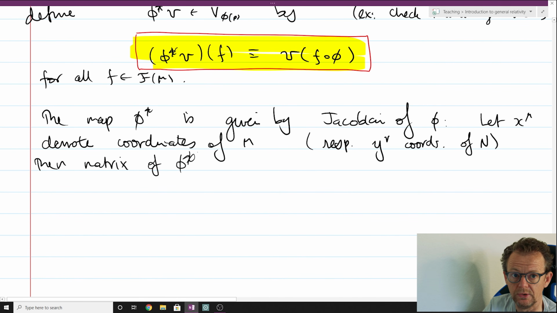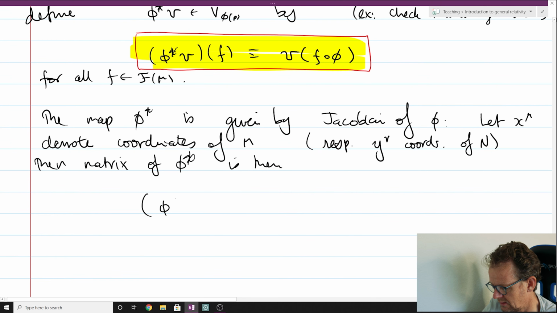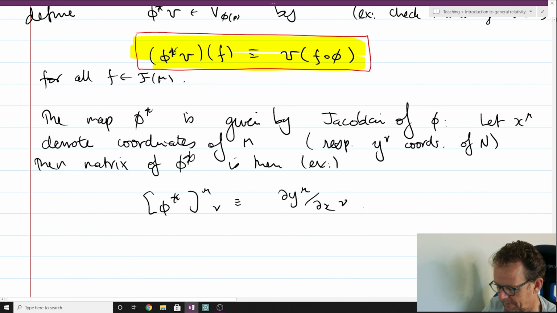And that basis is furnished by the standard derivatives with respect to these coordinates. So the matrix of components of phi star is then, you can now regard it as a matrix and you can work out its components, and this is an exercise for you to just confirm this, it is dy^mu/dx^nu. So phi star is the Jacobian, if you like, of the map phi.